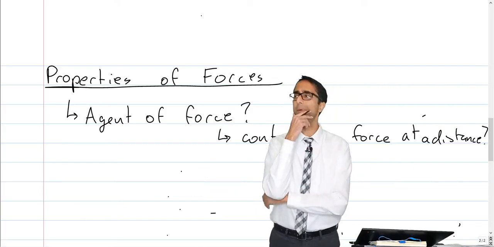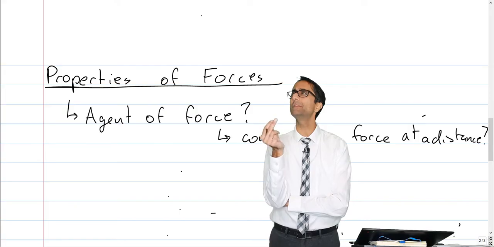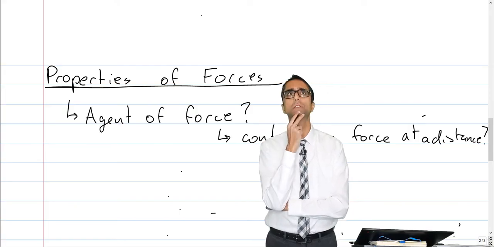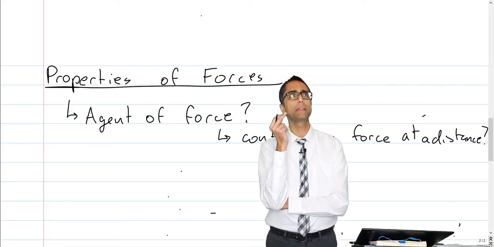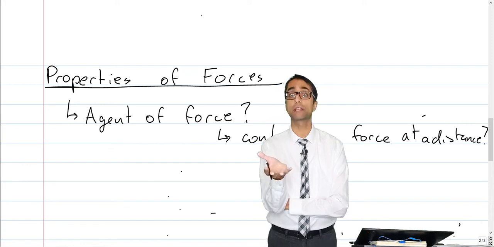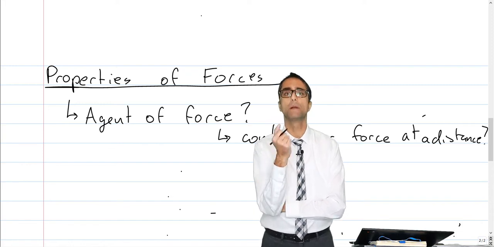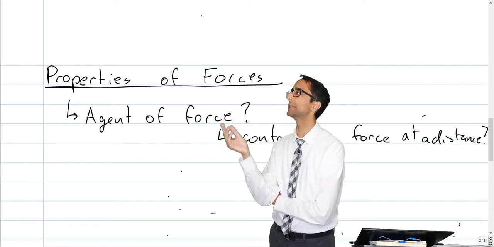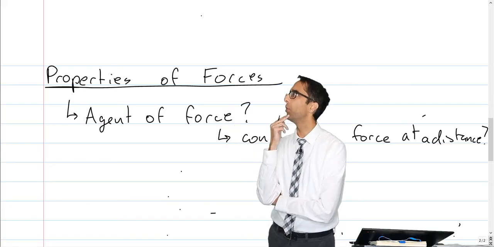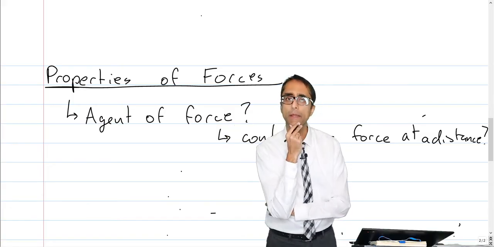or close up, and maybe even start to ponder questions like, if the sun were to suddenly disappear, but it's not going to happen, but let's pretend for a second that the sun suddenly disappeared, would the Earth know right away?